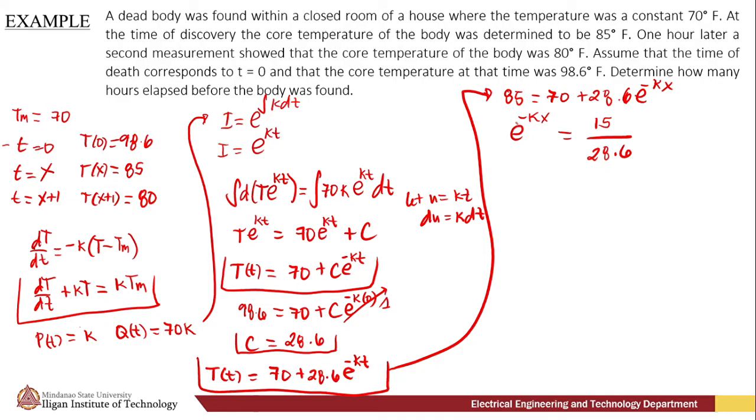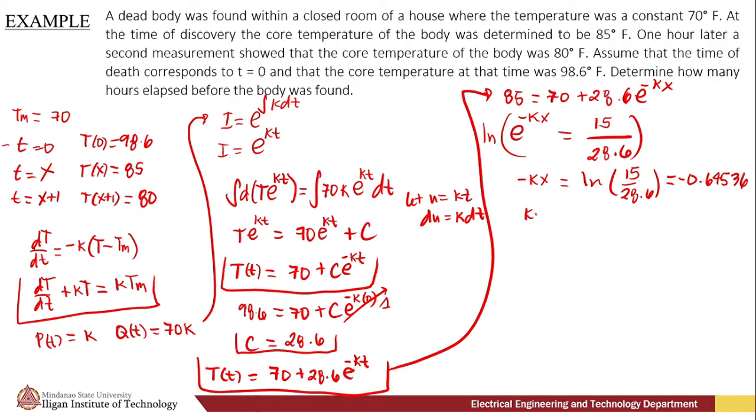Solving for kx, we apply the natural logarithm to both sides of the equation. We have negative kx equals ln of 15 over 28.6, which is equal to negative 0.64536.